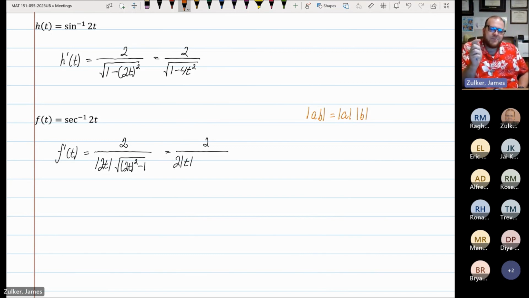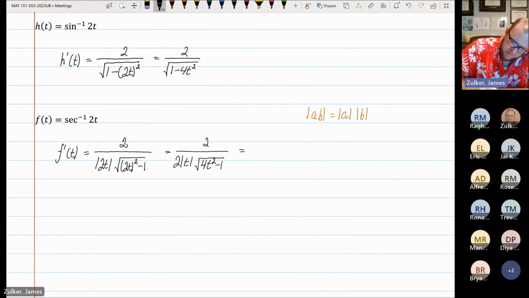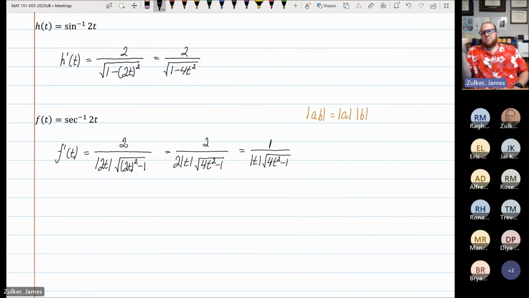So we can write absolute value of 2t as 2 times the absolute value of t. Right? And so this simplifies to 1 over absolute value of t times the square root of 4t squared minus 1.